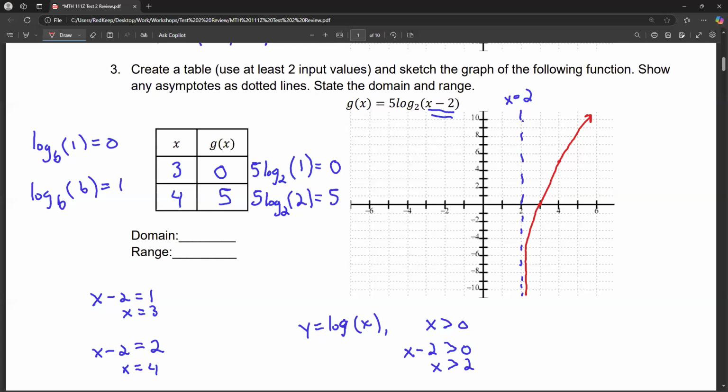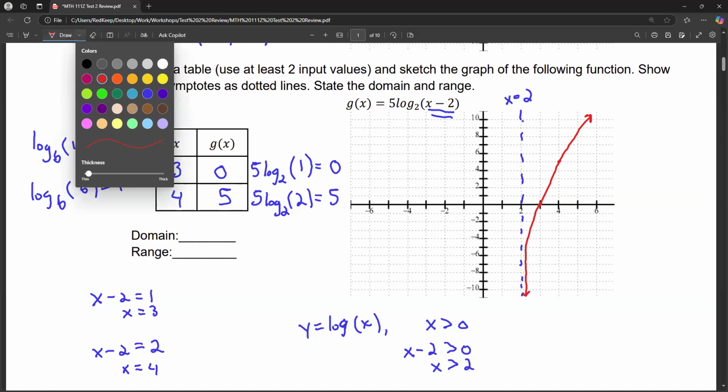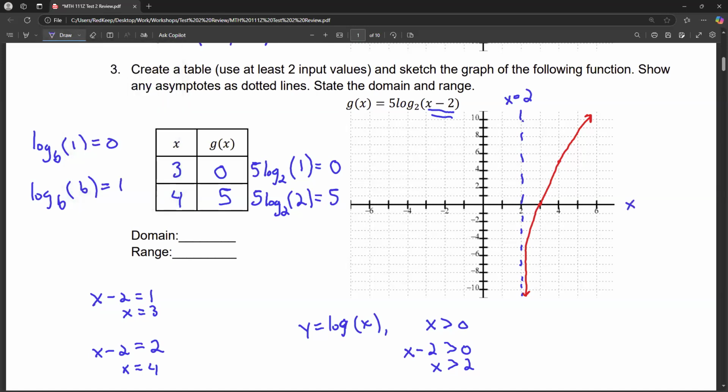We know it goes off in this direction, so I'll put an arrow at the end, and goes off in that direction, and we'll put an arrow at the end. That would be my best bet on what this graph looks like. I might put x here for the x-axis and g of x here for the vertical axis.